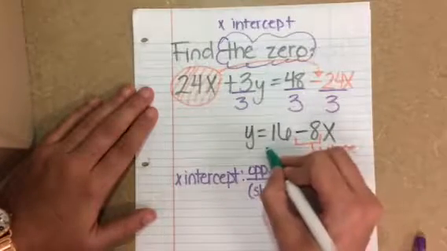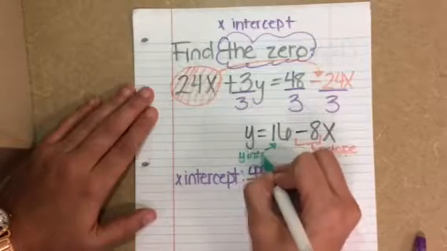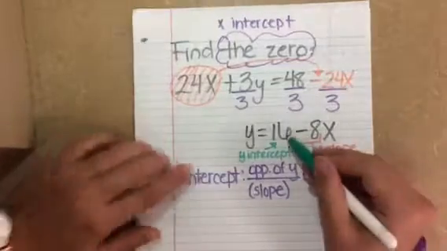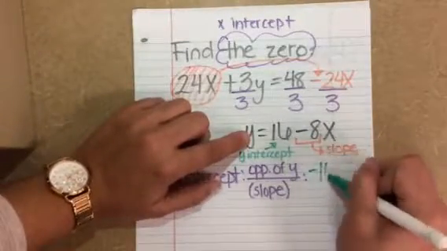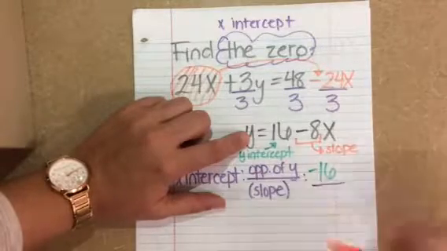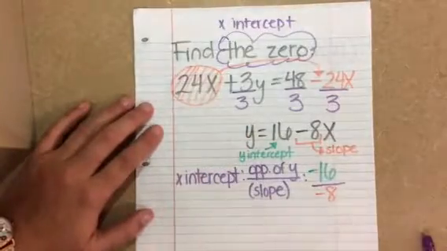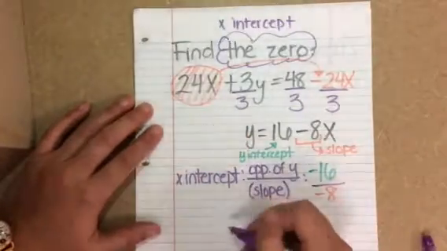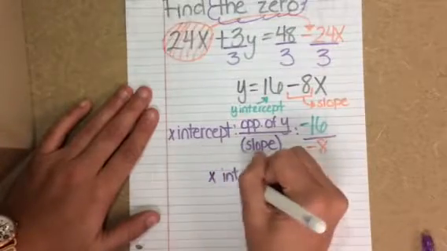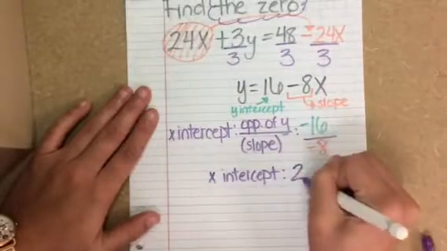And the one without anything, the constant, that's your y-intercept. So if it's a positive 16, we're going to do negative 16 divided by negative 8. That's my slope. And I get that my x-intercept is a positive 2.